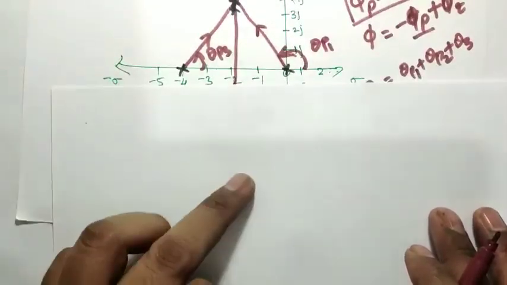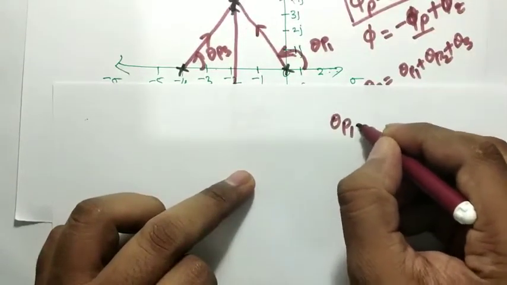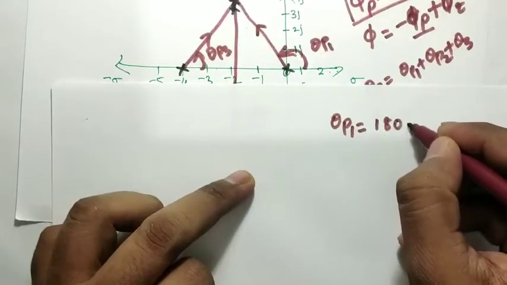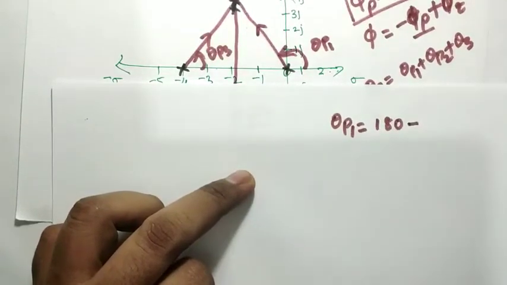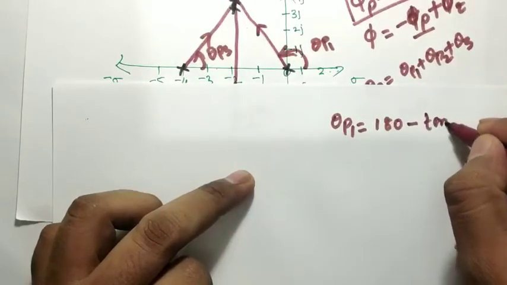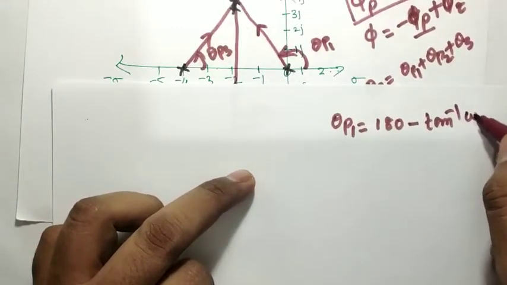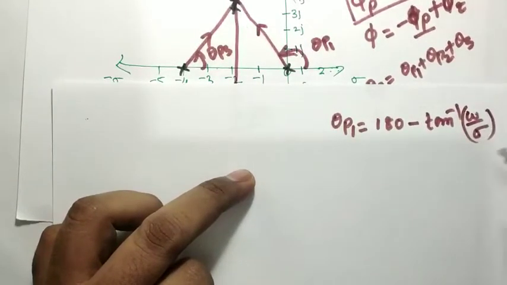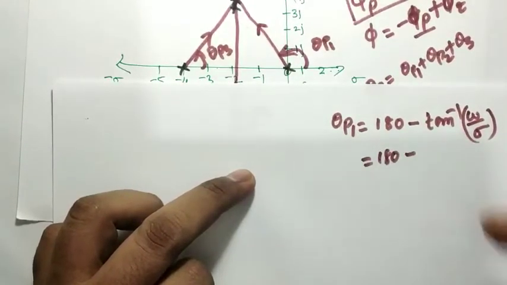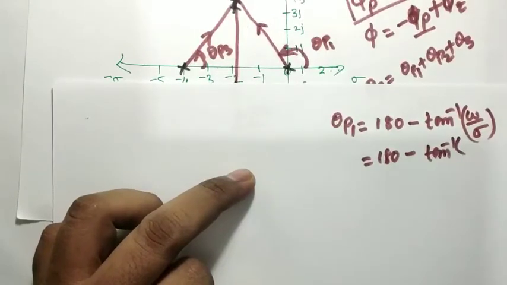Here, theta p1 is equal to how much? Theta p1 is equal to 180 minus tan inverse of the imaginary part by the real part. So what is omega?